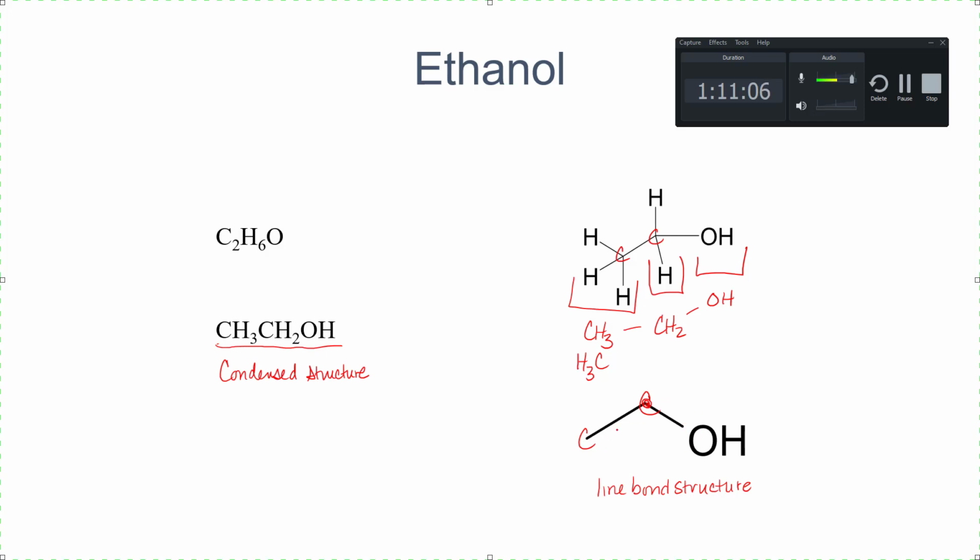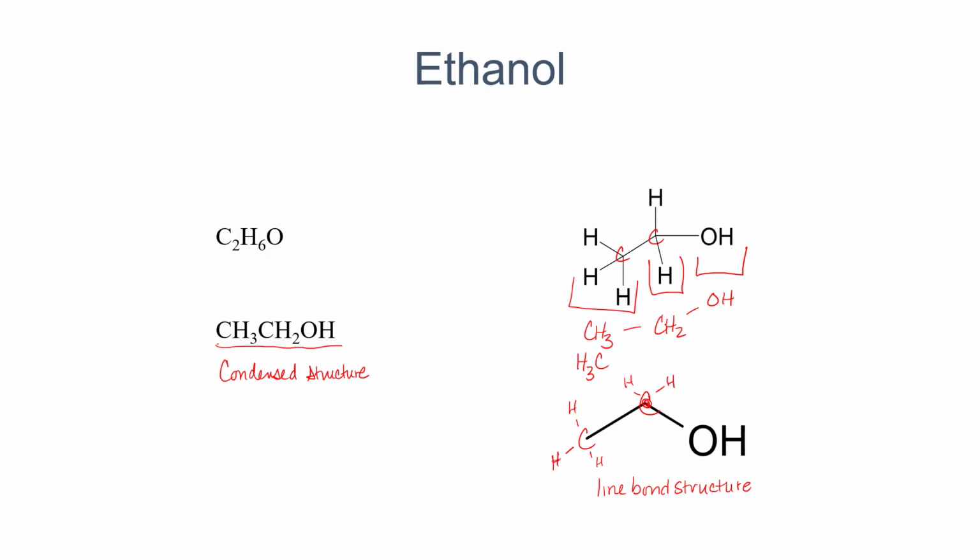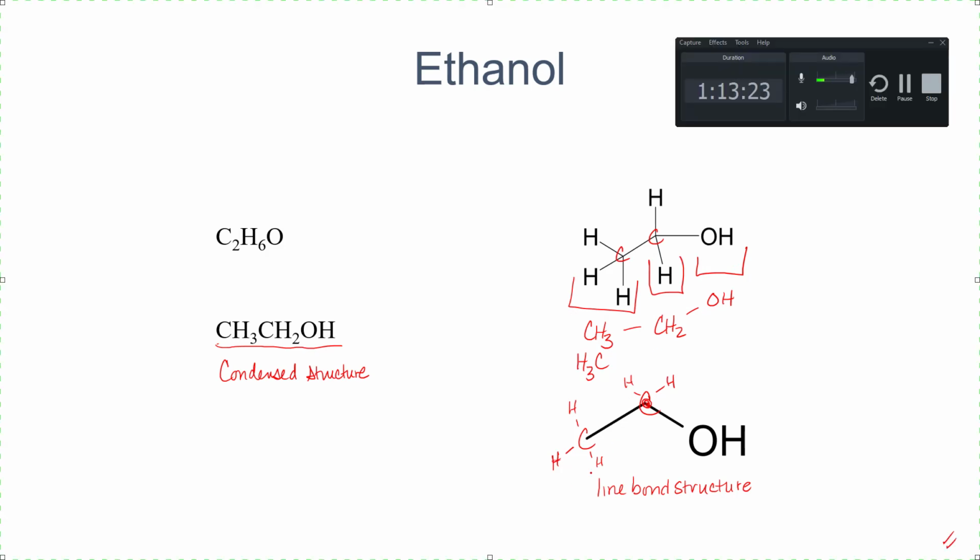If you're going to convert a line bond structure into a Lewis dot structure or even a condensed structure, you just simply put the carbons in the intersections and ends of lines, and then you add enough hydrogens to get you 4 and only 4 bonds.